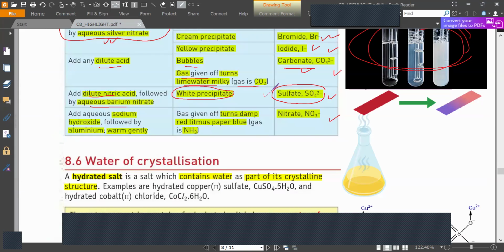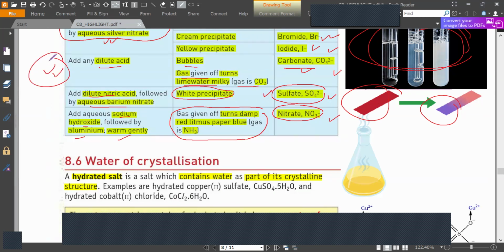To test for nitrate, we put sodium hydroxide and aluminium, warm gently, and it turns damp red litmus paper from red to blue. This information will be given in the exam, so we don't need to worry about that. We just need to know how to use it.